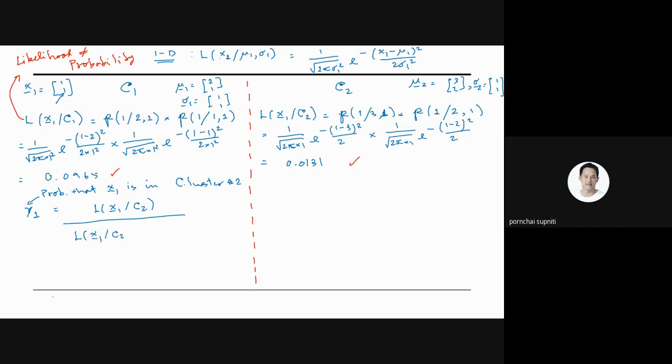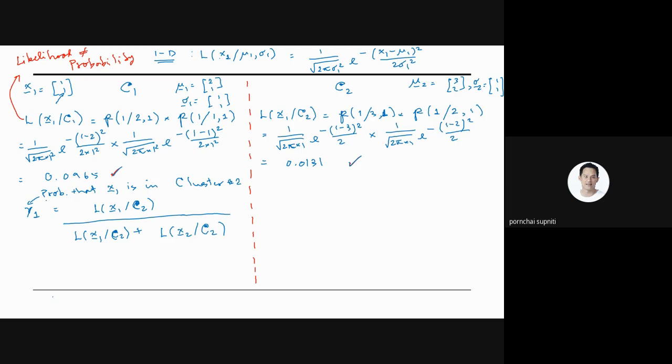Oh, sorry, C has to have a big head, so we don't get confused. And then plus the likelihood that x1 is in cluster 2. So you see, we have two likelihood values. One is 0.09, the other one is 0.01, right? So here we see that cluster 1 is more likely than cluster 2.